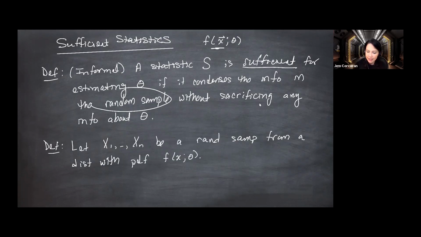We say that a statistic S is a sufficient statistic for theta, or they also say for the model. People say sufficient for theta, and what they mean is sufficient for the model.